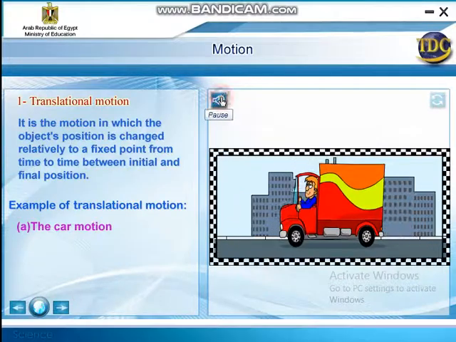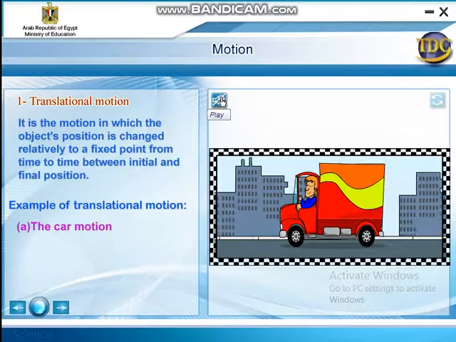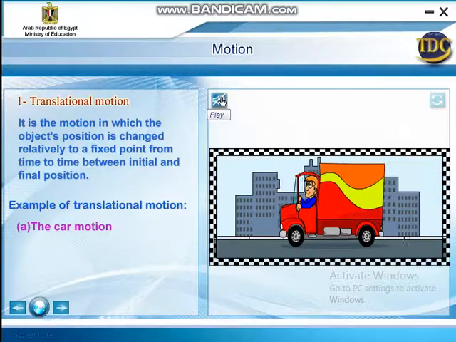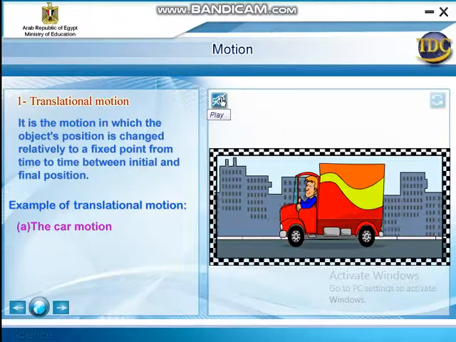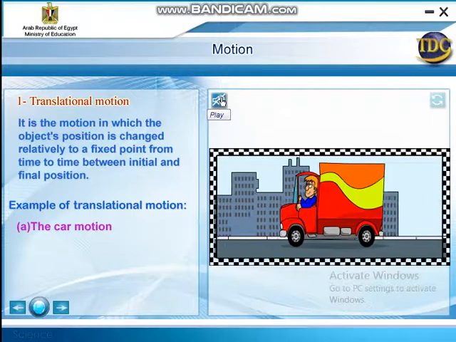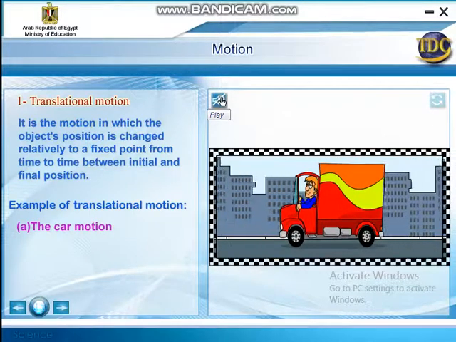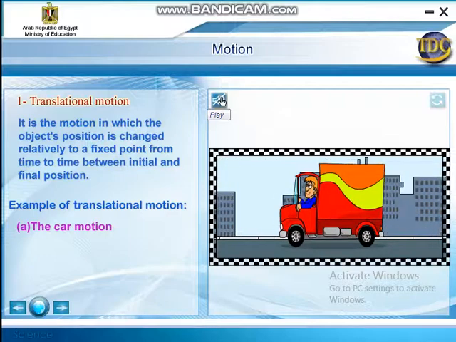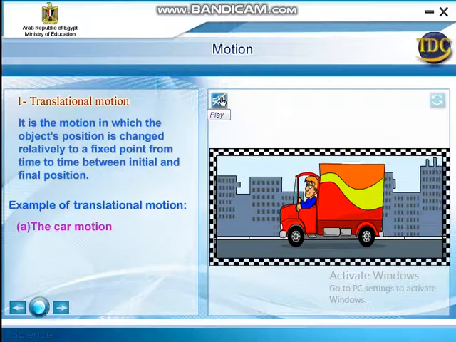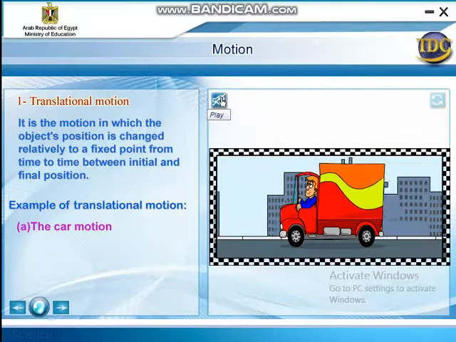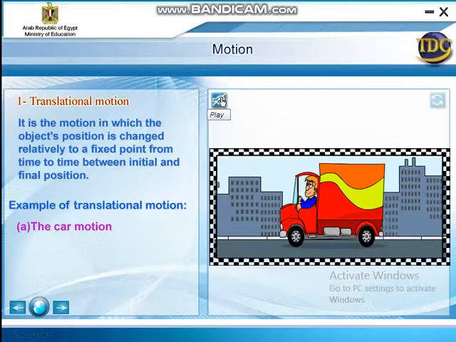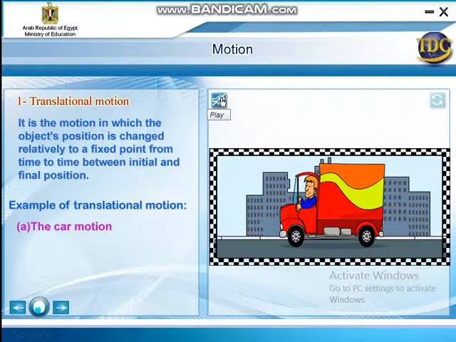First, transitional motion. It is a motion in which the object position is changed relative to a fixed point from time to time between initial and final position. The motion that has a beginning position and a final position, like car motion. The car has an initial point and a final point.